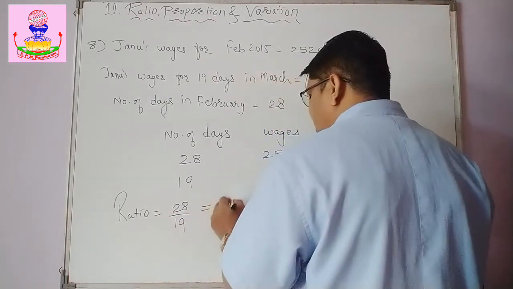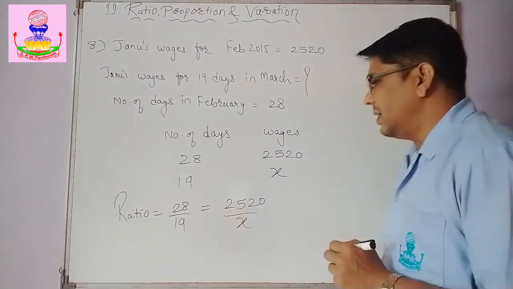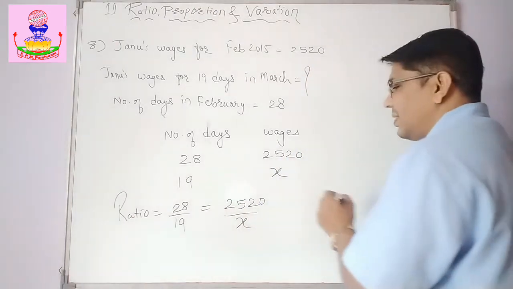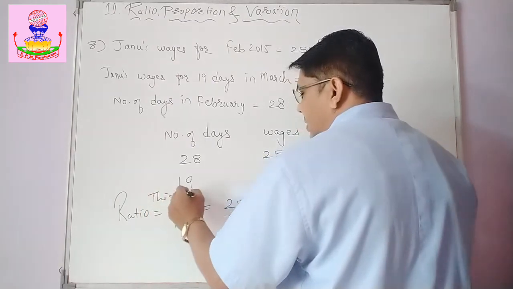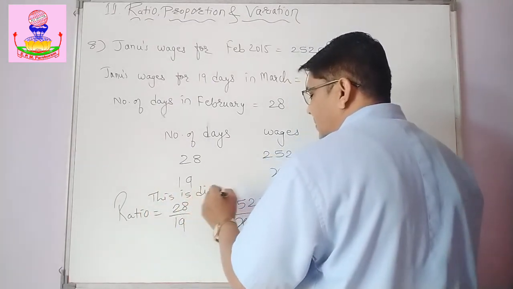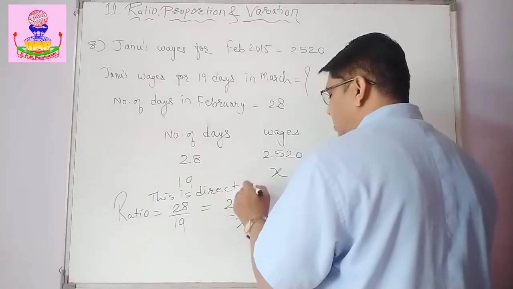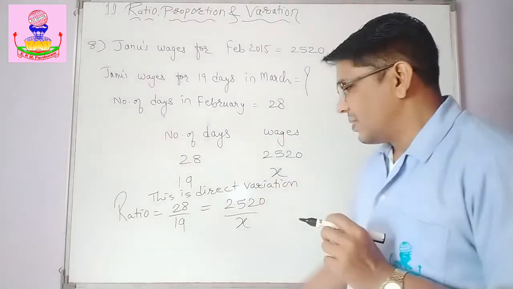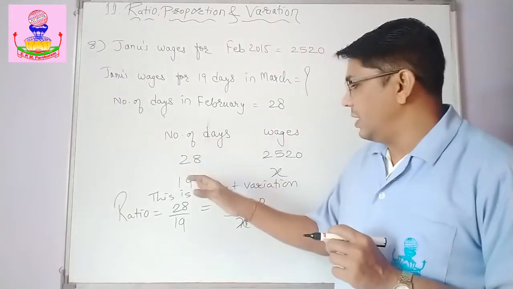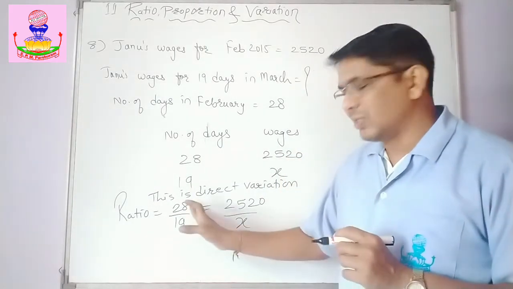So ratio 28 upon 19, and that should be equal to 2520 upon x. It is direct variation. Okay, here I will write, this is direct variation, and so I have taken the ratio. Now, so ratio is always constant, so 28 upon 19 should be equal to 2520 upon x.